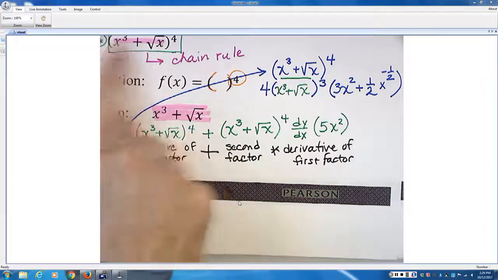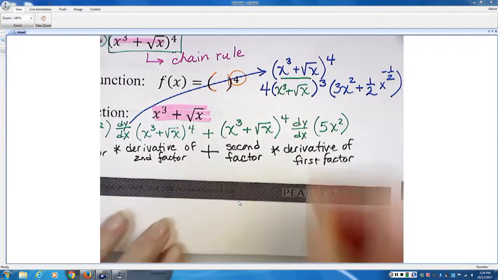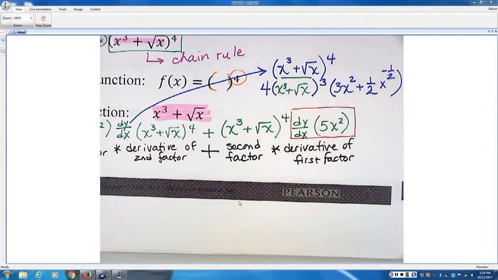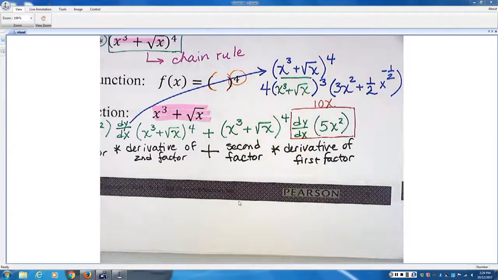It's the derivative of this. Okay? Now the derivative of 5x squared, everybody in here should be able to tell me in an instant what that is. 10x. Okay?